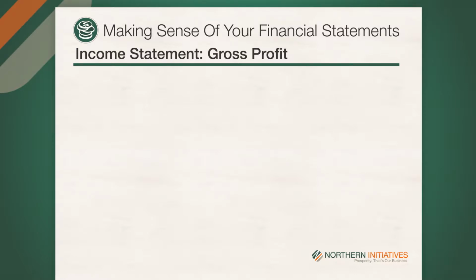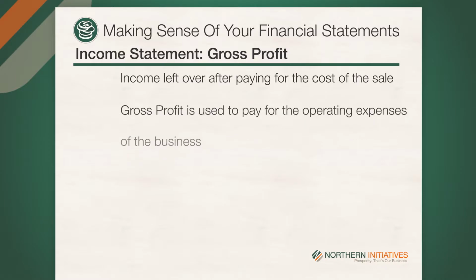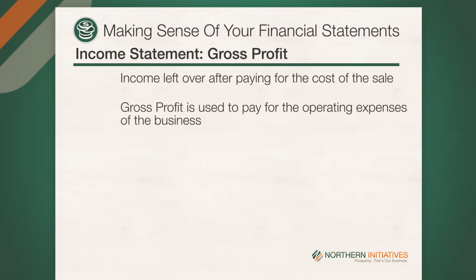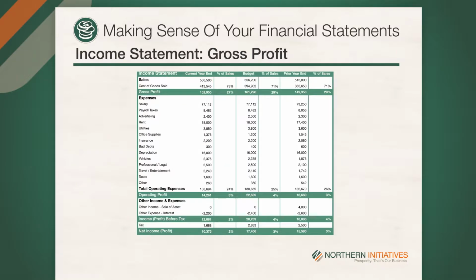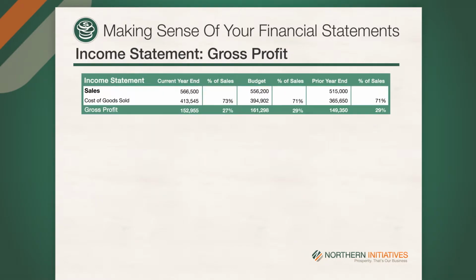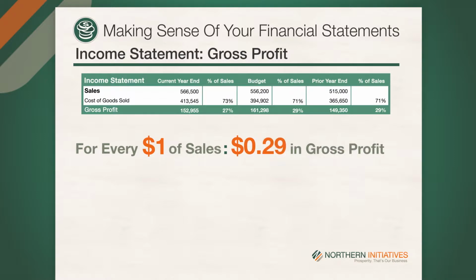Gross profit is income left over after paying for the cost of the sale. Gross profit is used to pay for the operating expenses of the business. Gross profit margin is calculated as gross profit divided by sales. So, in our case study, prior year gross profit of $149,350 was 29% of sales, meaning for every dollar of sales, there was 29 cents in gross profit.